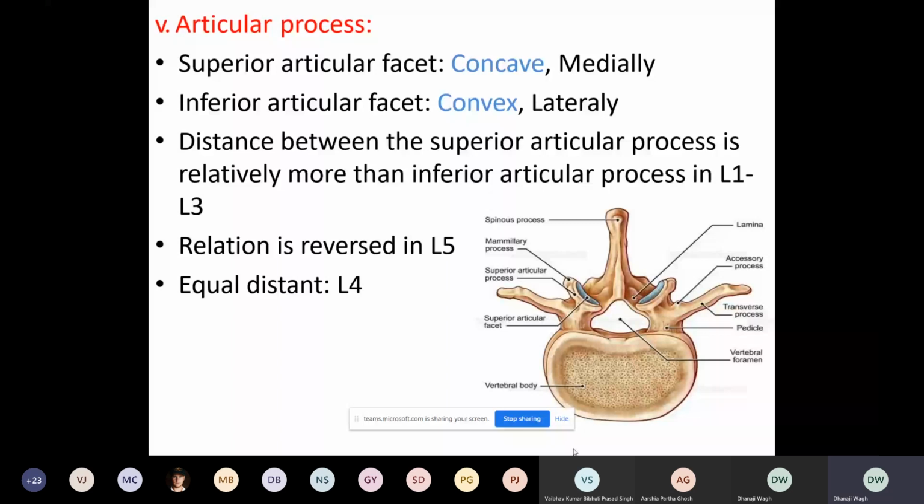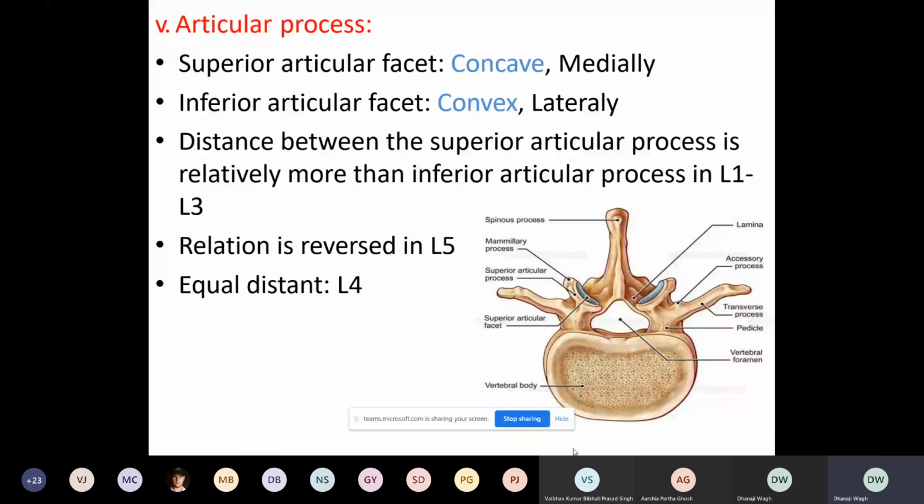Now the distance between the 2 superior articular processes is relatively more than between the inferior articular processes in L1, L2, L3. And here the relation is reversed in L5, and the distance is equal at the L4 level.